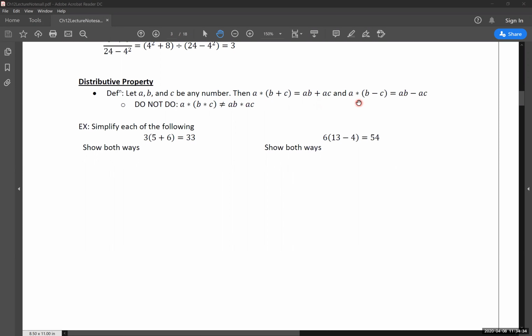And if we have A times the quantity B minus C, we're going to get a result of AB minus AC. A lot of people like to think of this and draw this in for themselves as, I'll use blue here for this, darker blue, and like showing this with A distributing through like that, or A distributing through like that, which is a nice way of keeping that organized for yourself, I think.